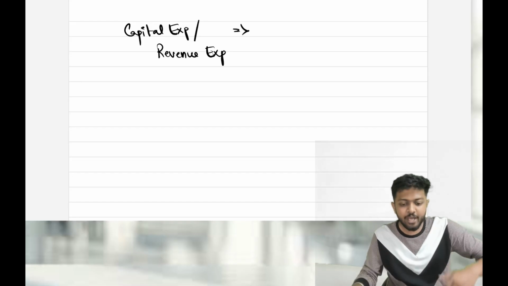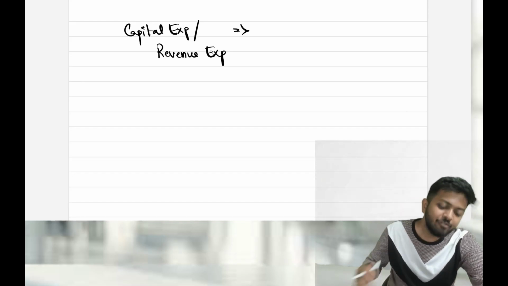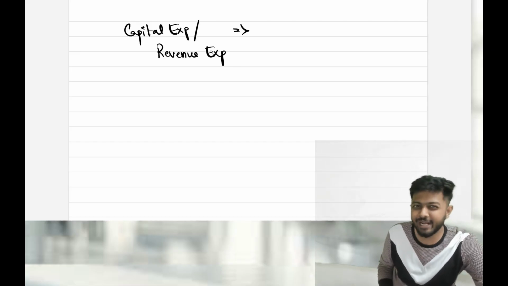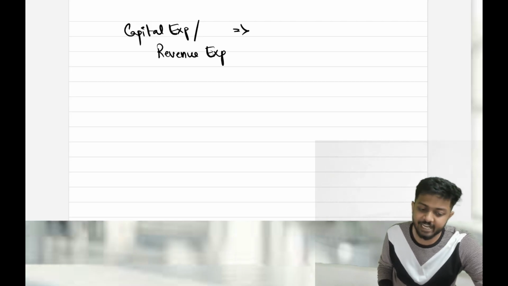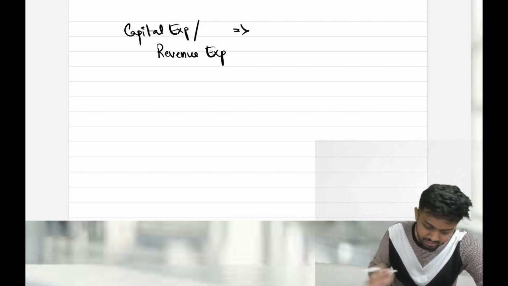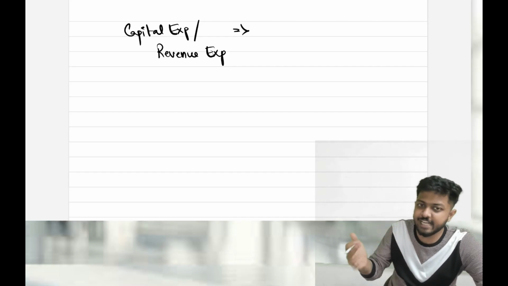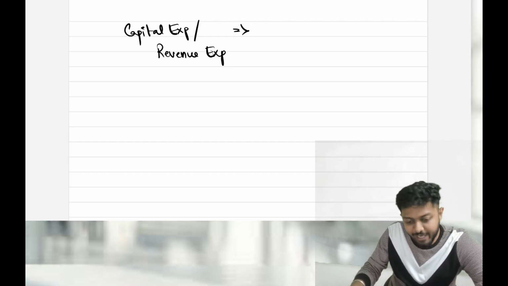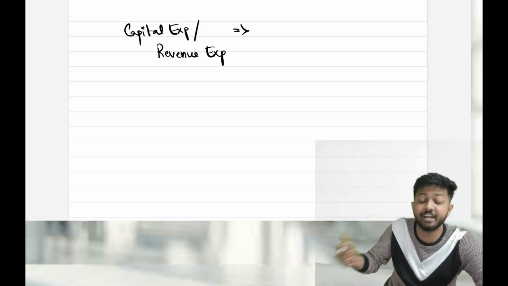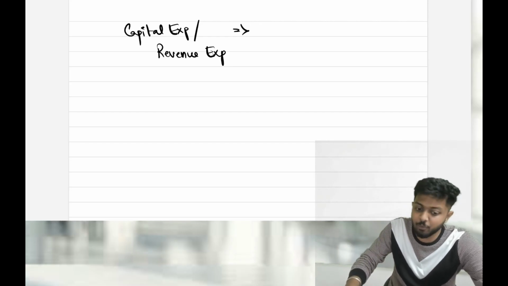The first criterion, to keep it very simple: if you are spending any money on fixed assets, it will generally be considered capital expenditure and it will directly go to the balance sheet as an asset. Anything that you are paying towards the normal expenses of an entity, like rent, salary, etc., will become revenue expenditure. It's a very broad classification. Anything you are spending on fixed assets, PPE, will be capital expenditure. Anything that you are spending normally, which is generally recurring in nature, repetitive, like rent and salary, you pay them every month.